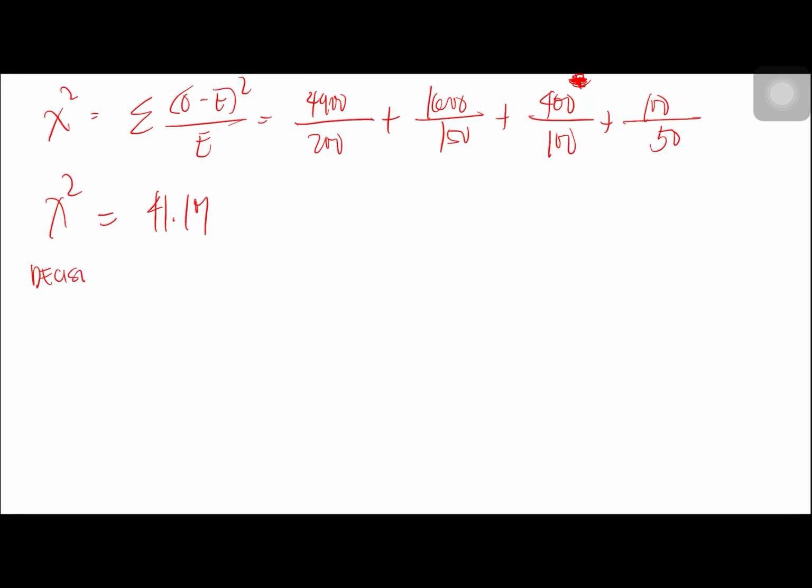41.17. So for the decision rule, if the chi-square computed value is greater than chi-square at 0.05, we reject the null hypothesis.